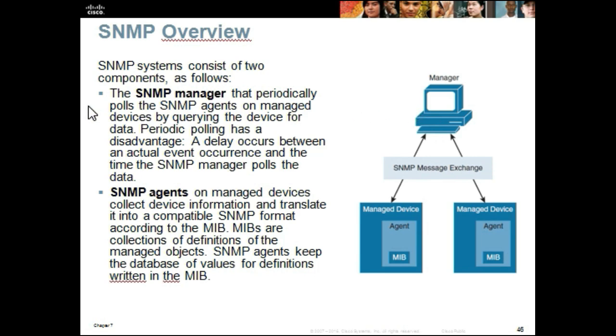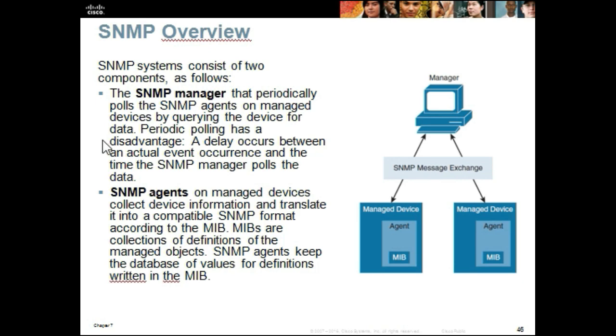Poll is like periodically asking, sending some message, are you okay, or please give me the condition of your device right now. Okay, so the SNMP manager periodically polls the SNMP agents on the managed devices by querying the device for data. So it asks, what is your condition now.